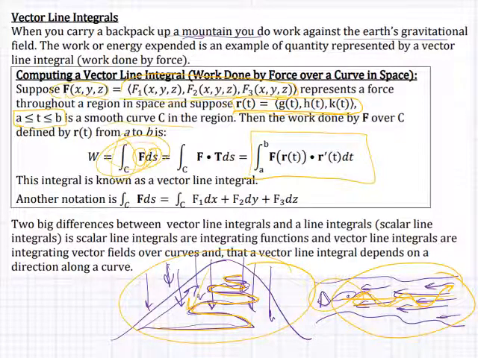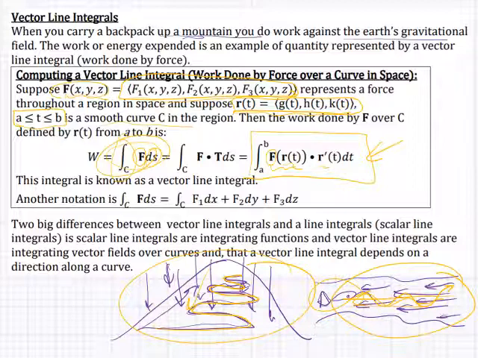This vector field is comprised of multiple functions inside the composition of a vector. So if we apply this formula, it allows us to essentially convert this to a function of t. So we do f of r of t, very similar to the scalar line integrals. In this case, f is a vector field, though. We want to plug r of t into that. How do we do that? Basically, we do it the same way we did before.